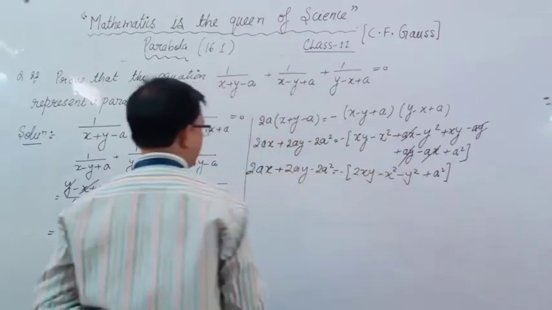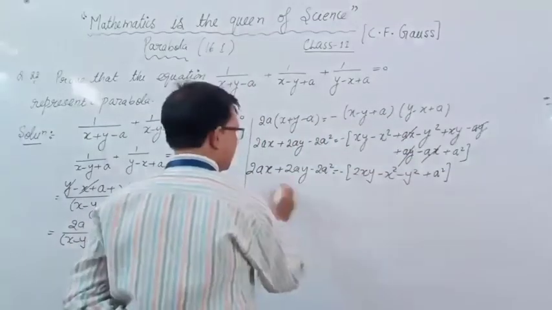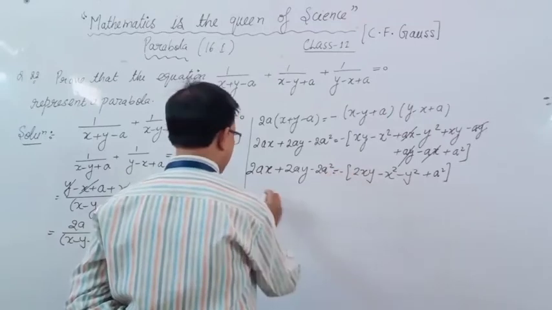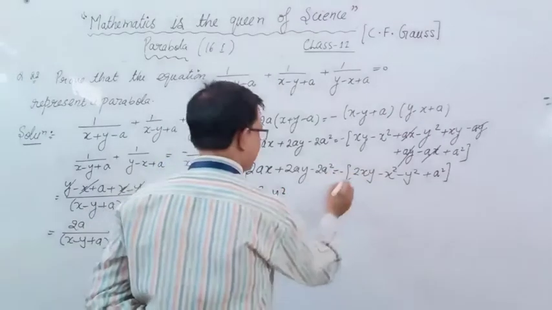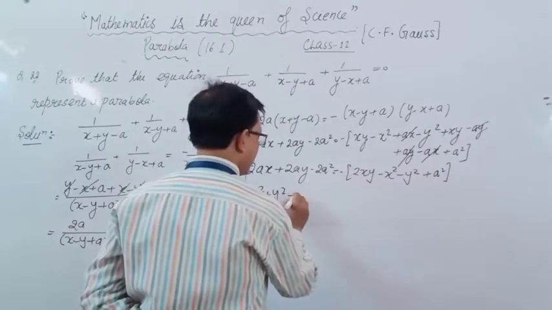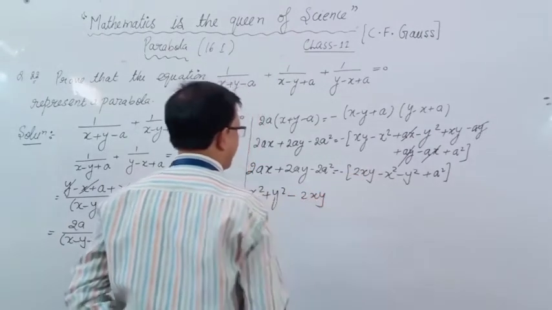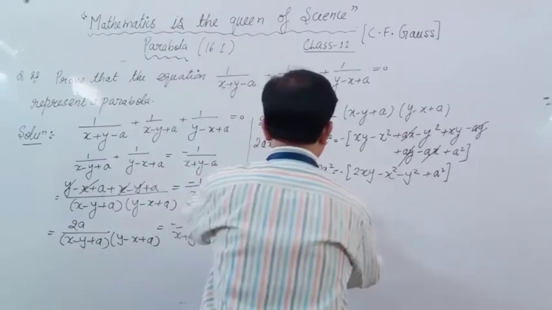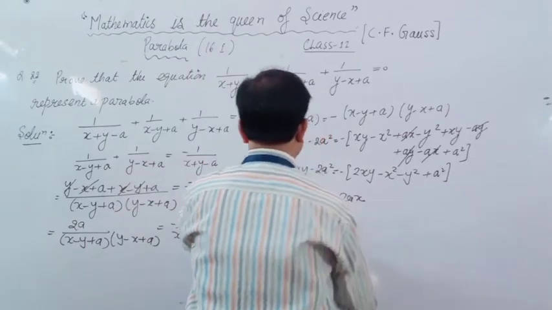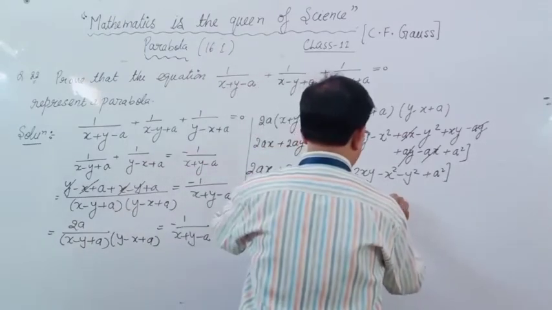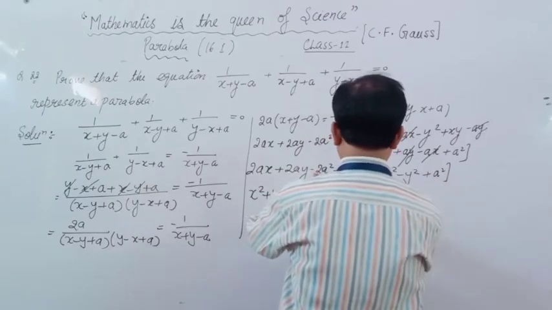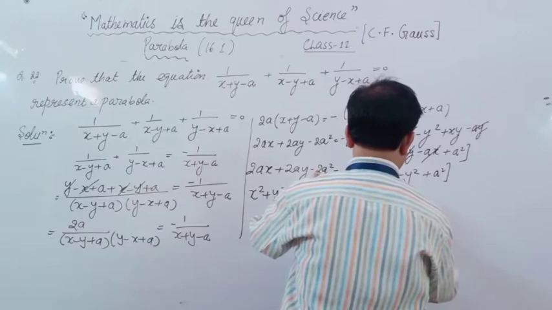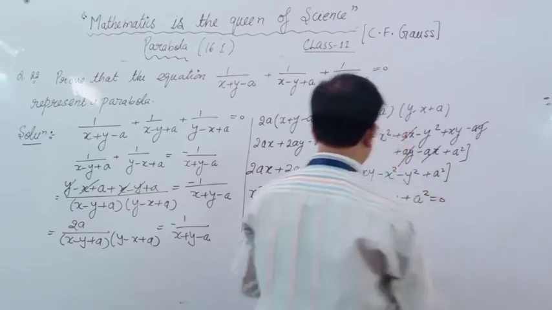Now we open the bracket and multiply by the minus sign: x square plus y square minus 2xy minus 2ax minus 2ay, minus a square plus 2a square is a square, is equal to 0.